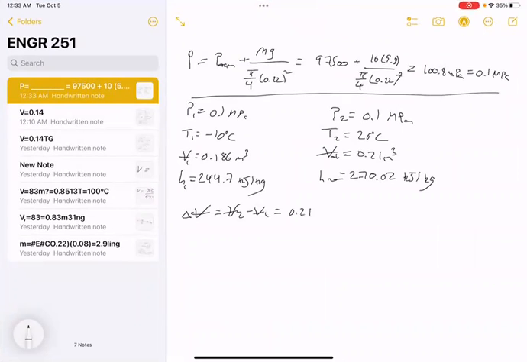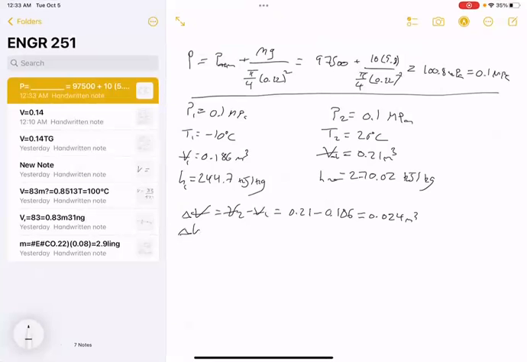So the difference in volume is V2 minus V1, so 0.21 minus 0.186, and that gives us a change in volume of 0.024 meters cubed.